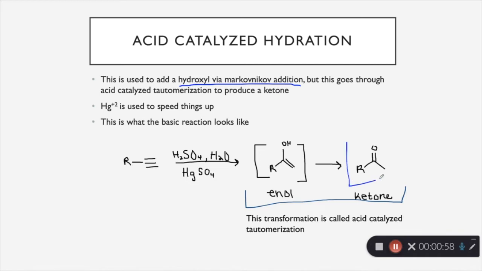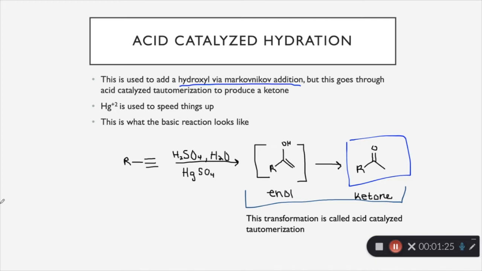So this ketone right here is going to be the final product. This transformation from the enol to the ketone is called acid-catalyzed tautomerization, and this is super important to the mechanism of acid-catalyzed hydration of alkynes. If you're ever asked to draw out the mechanism, you need to know this part, and that's what the next slide is going to be: we're going to look at the mechanism for that.